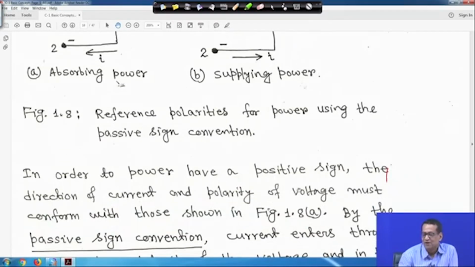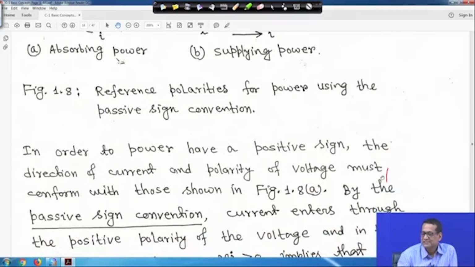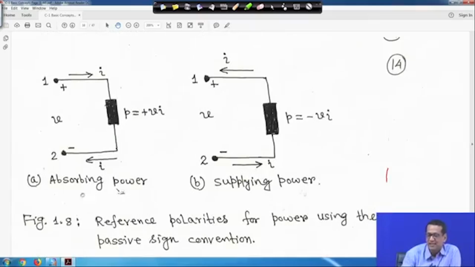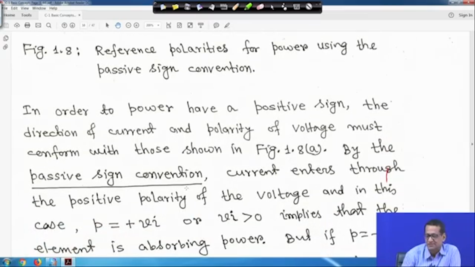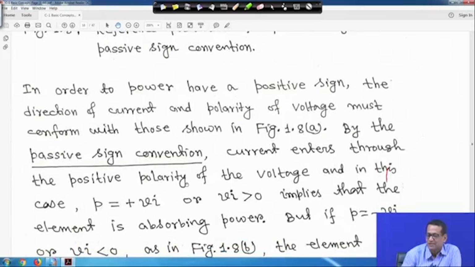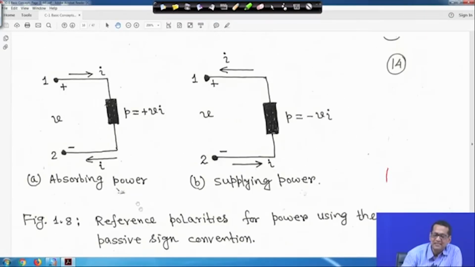Now, in order for power to have a positive sign, the direction of current and the polarity of voltage must conform with those shown in figure 1.8 A and B. Whatever I told, by the passive sign convention, current enters through the positive polarity of the voltage, and in this case P is equal to V I. Whenever current enters through the positive polarity, the sign of that current should be taken as plus.